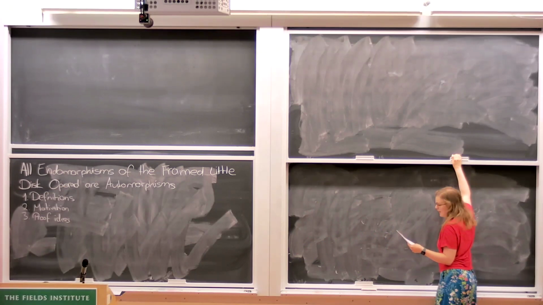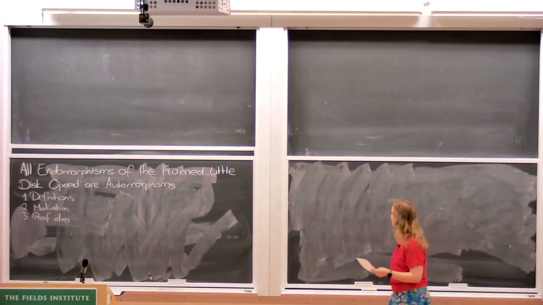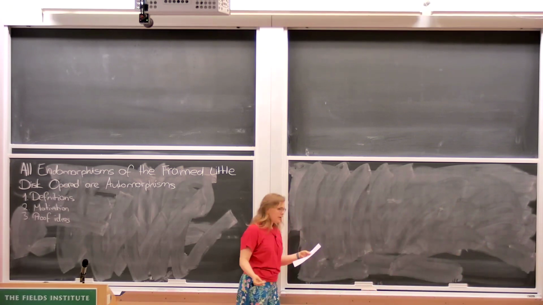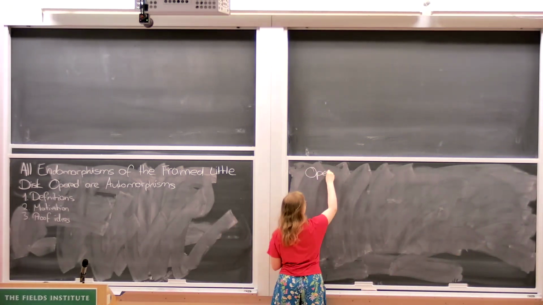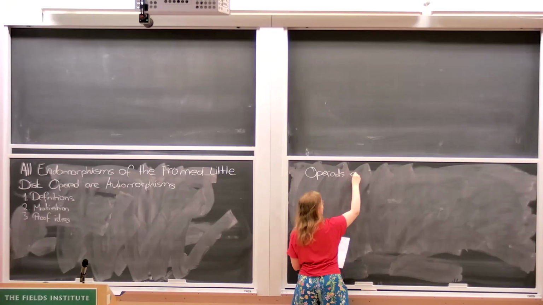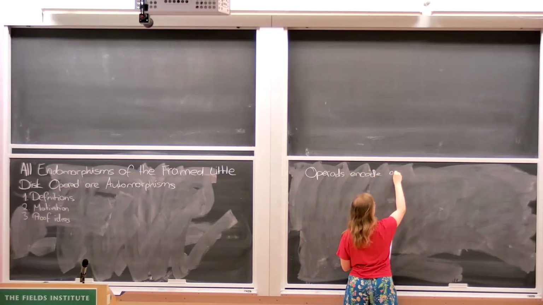Okay, let's start. So we've heard about the little disk operad all morning. So first of all, what are operads? I'm not going to define an operad, but the slogan is operads encode operations.